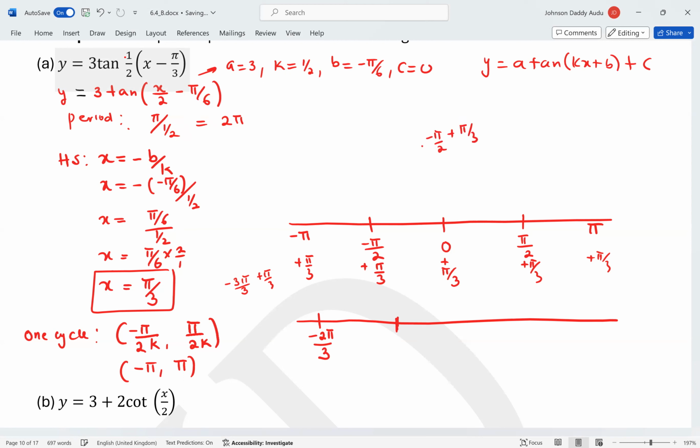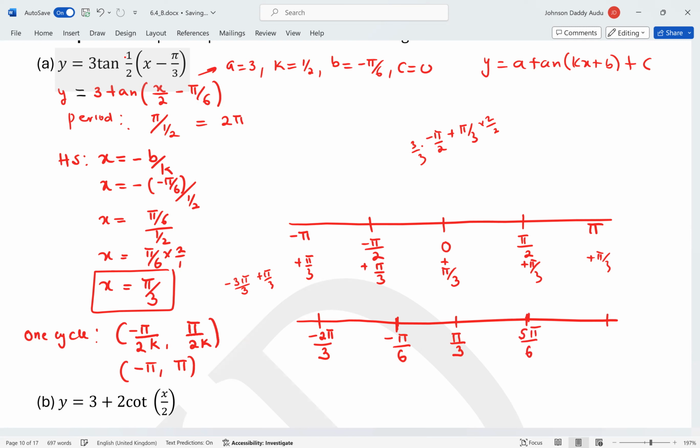We can multiply this by 3 over 3 and that by 2 over 2. So you have minus 3 pi plus 2 pi, and that would give us minus pi over 6. And this one will give us pi over 3, and this one is going to be 5 pi over 6.